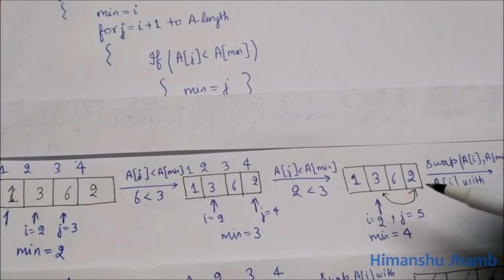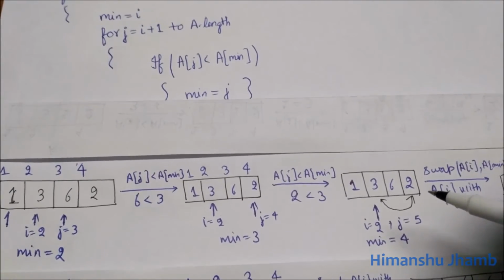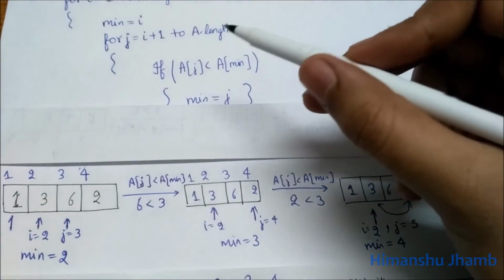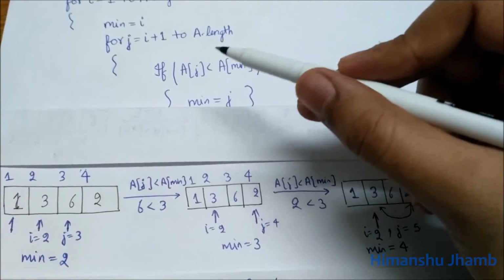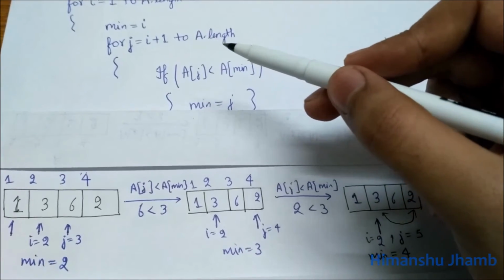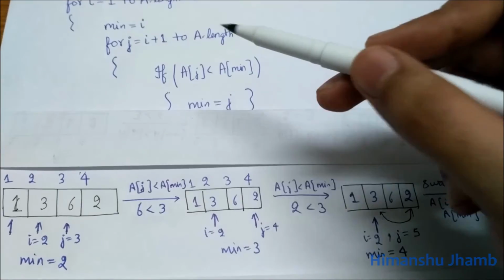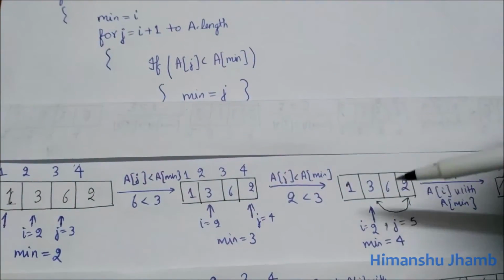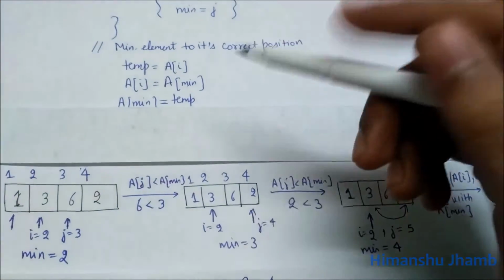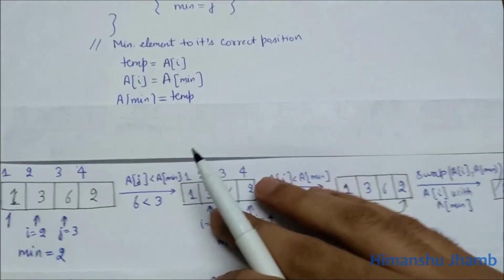Now j would be incremented to 5. This for loop would break because the condition for this for loop is not met, as the loop has to run till the length of the array, which is 4. So we swap the elements a[i] and a[minimum].